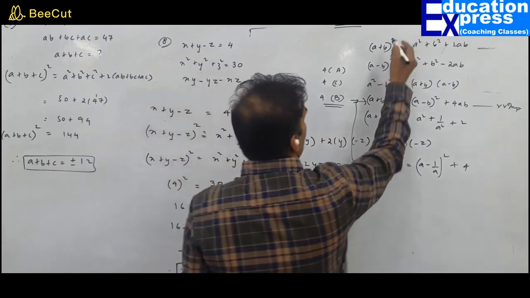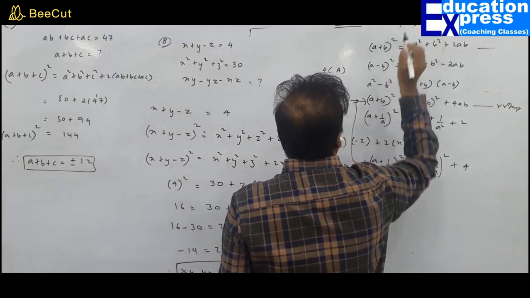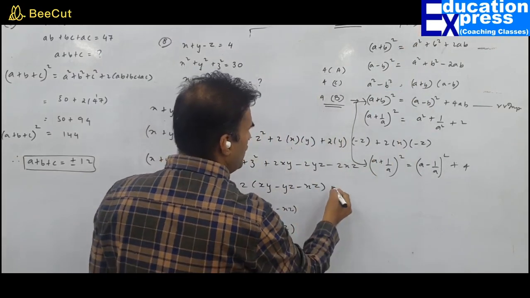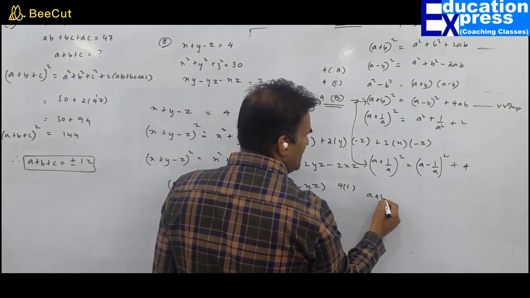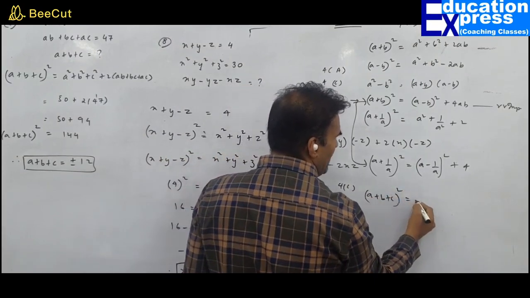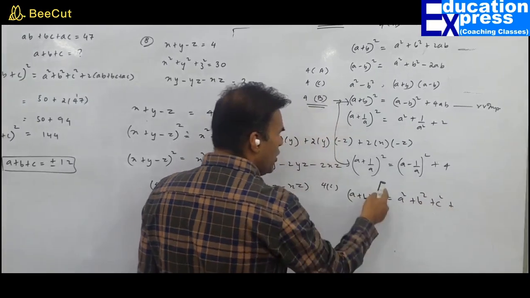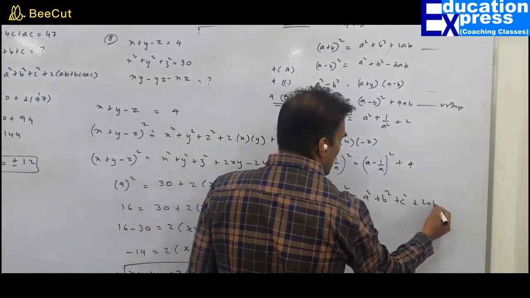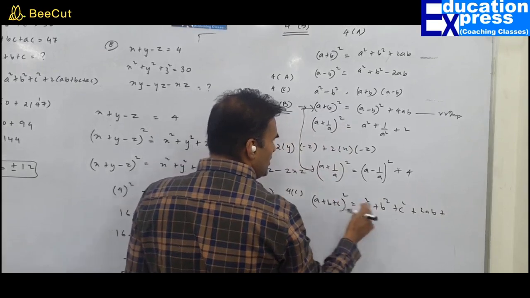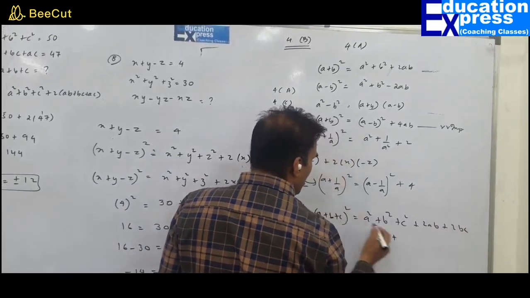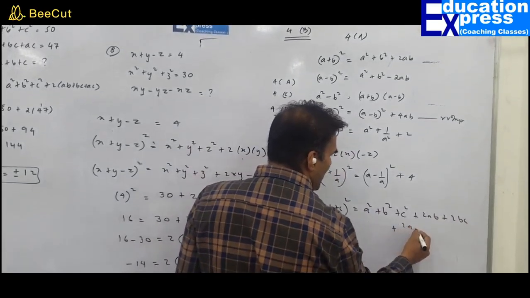This is what was applicable for 4A. What was applicable for 4C was a plus b plus c the whole square can be written as a square plus b square plus c square plus 2 into a into b, so 2ab, plus 2 into b into c, 2bc, plus 2 into a into c, 2ac.